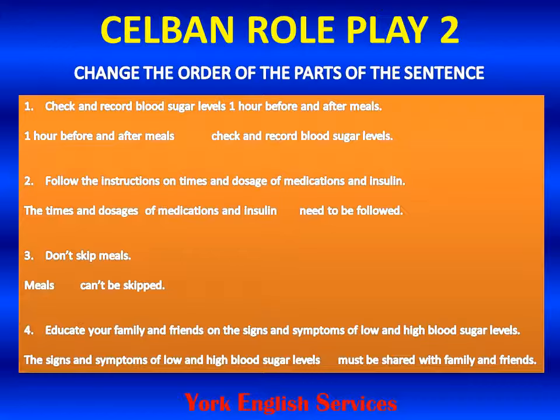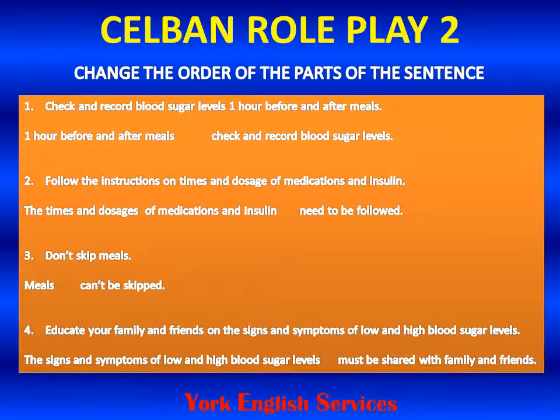How can you do that? I always tell students that you can divide every single one of these instructions into two parts, into two halves, let's say. Let's take a look at the first instruction in order to illustrate this point. Instruction number 1. Check and record blood sugar levels 1 hour before and after meals. You can divide this instruction into two parts.